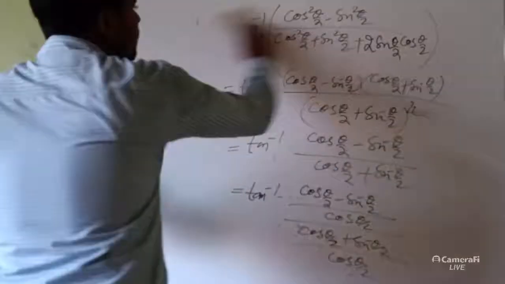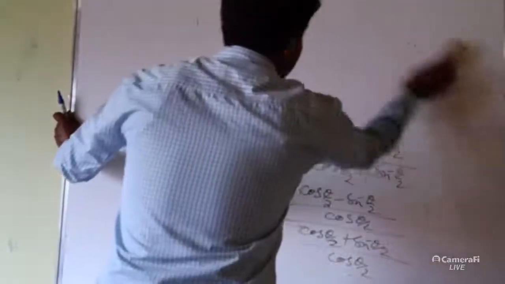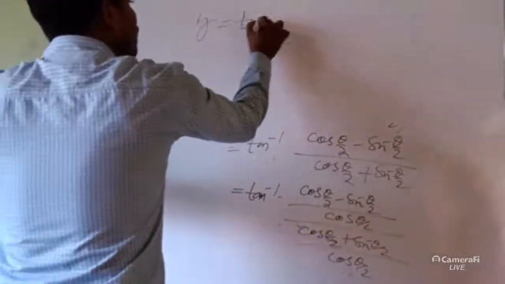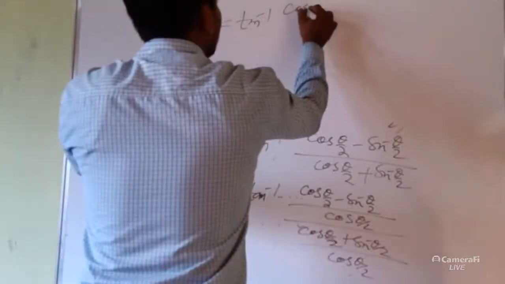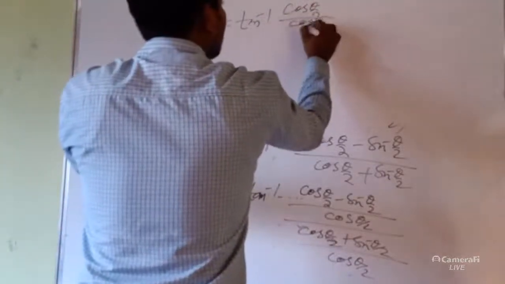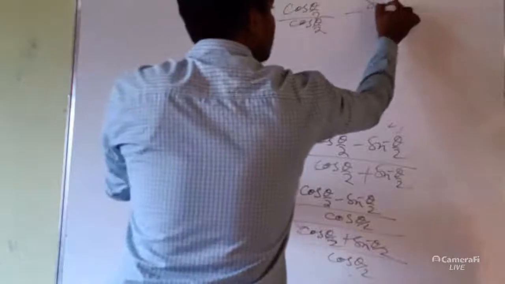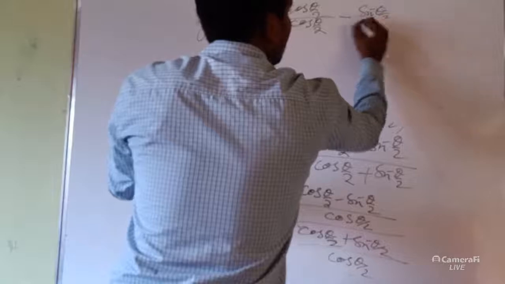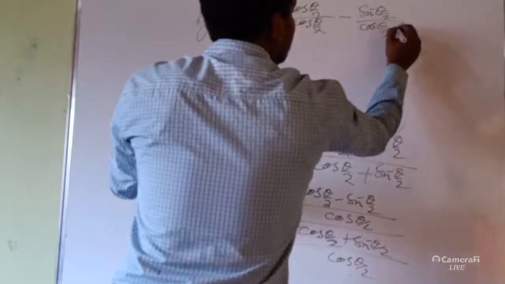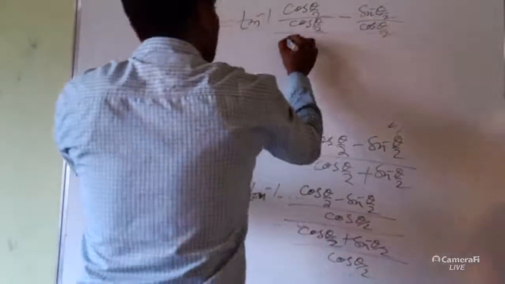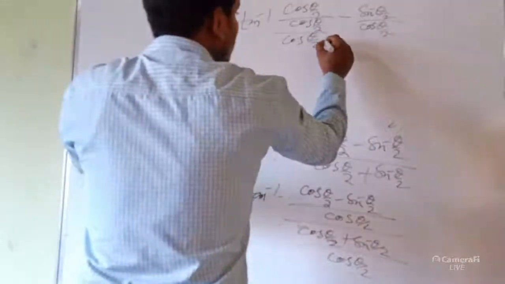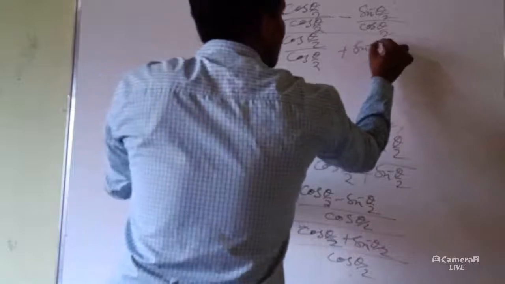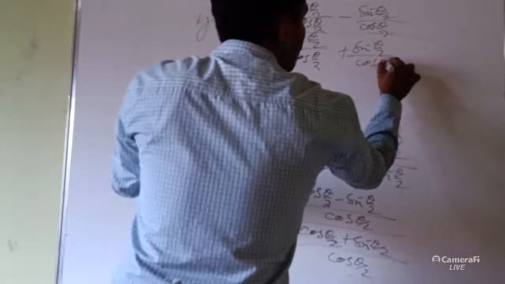Now this becomes tan inverse of (cos theta by 2 by cos theta by 2 minus sin theta by 2 by cos theta by 2) and whole divided by (cos theta by 2 by cos theta by 2 plus sin theta by 2 by cos theta by 2).